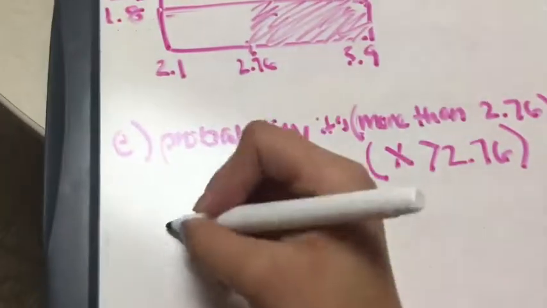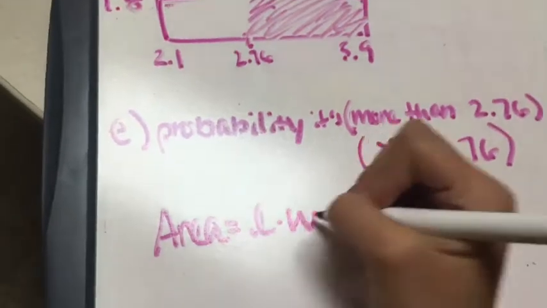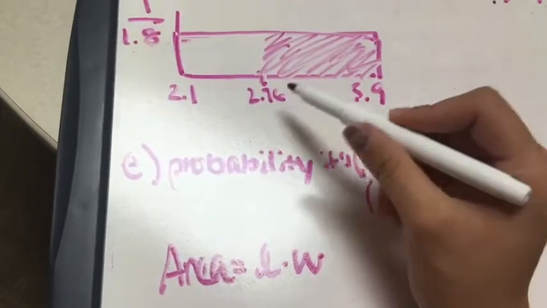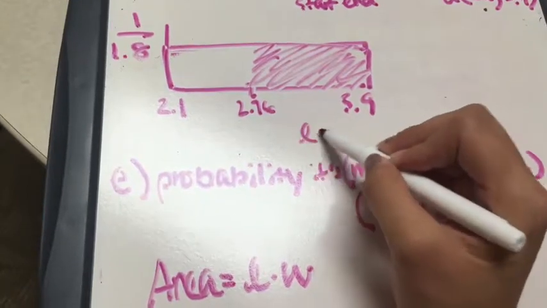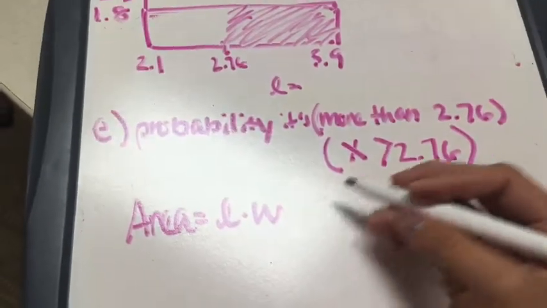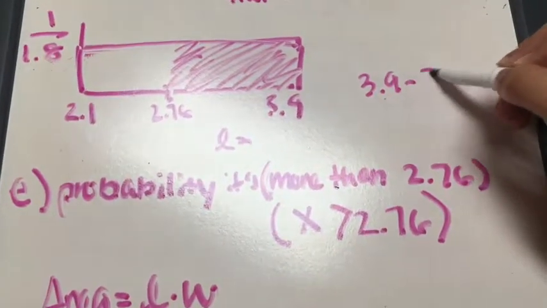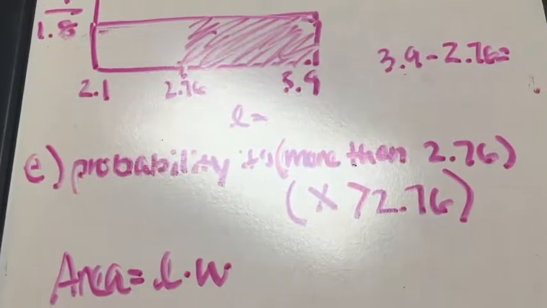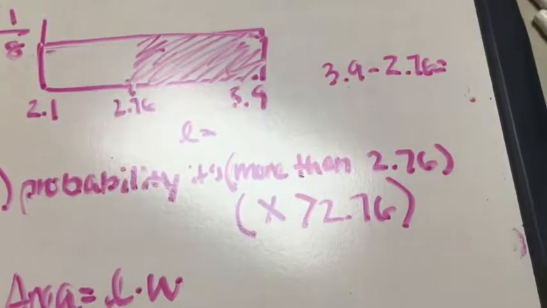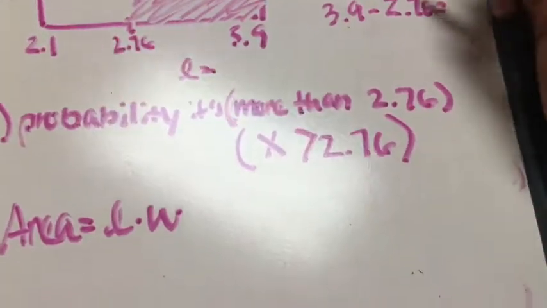Again, probability is the same as area, which equals length times width. You want to find the length from 2.76 to 3.9, and you can do that by subtracting. 3.9 minus 2.76 is 1.14.